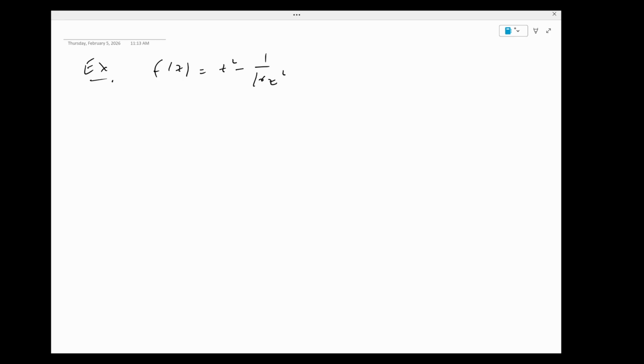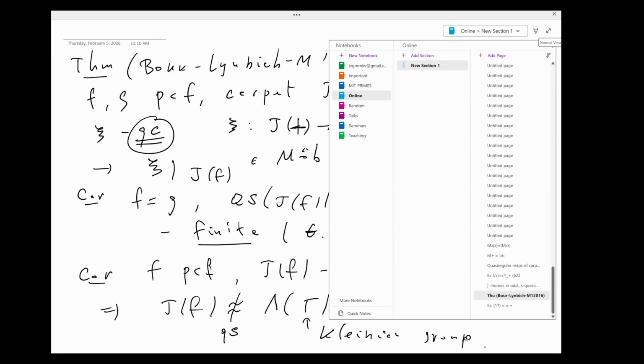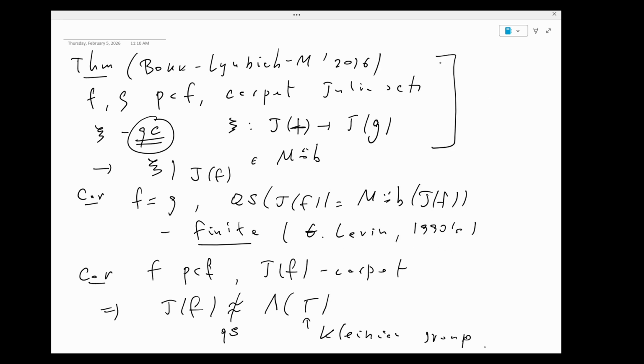Because the limit set of a Kleinian group always has an infinite quasi-symmetry group, because it supports the action of the group itself, which is infinite.